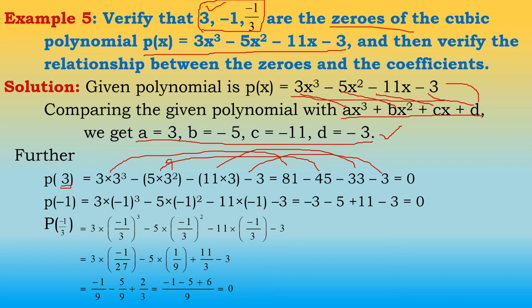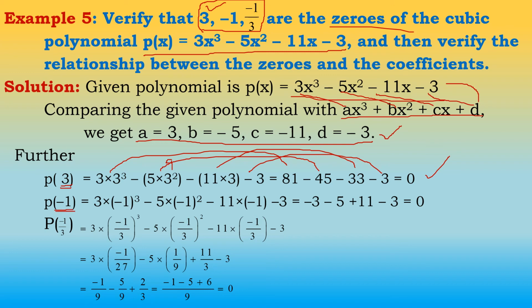By adding and subtracting, finally we have the answer 0, which means that x is equal to 3 is a zero of the polynomial.